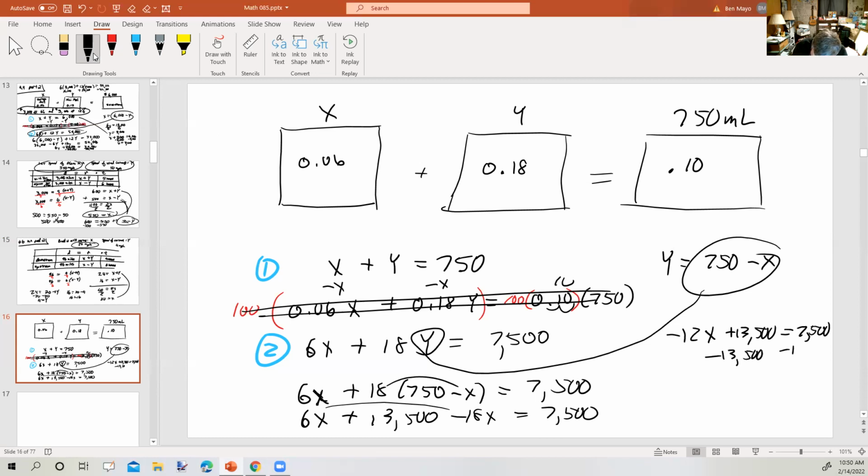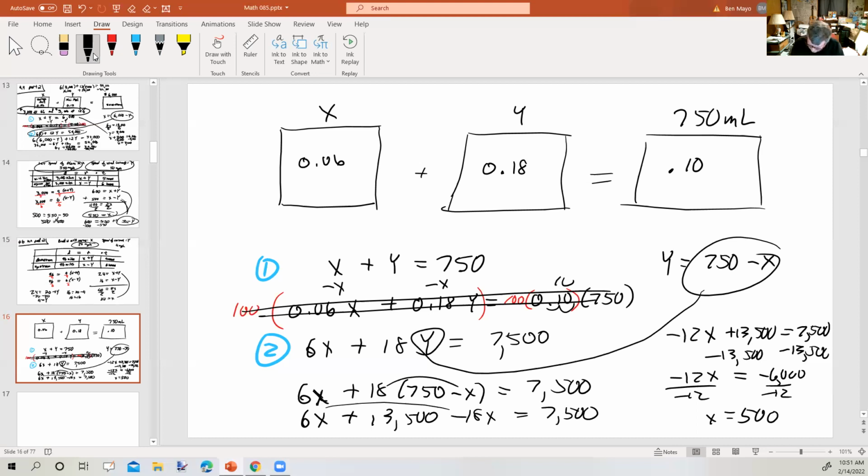Subtract 13,500 from both sides. Negative 12x equals negative 6,000. Divide both sides by negative 12, and we get x is 500.